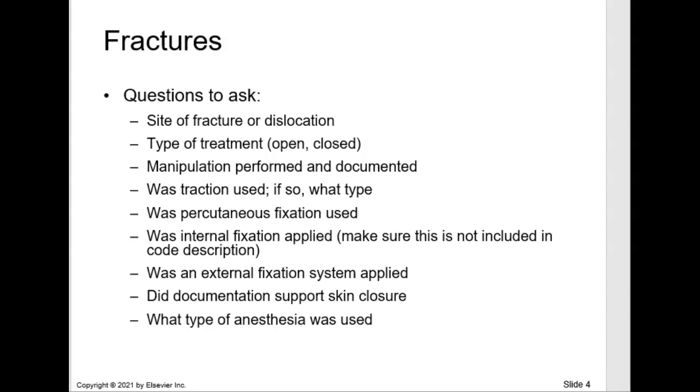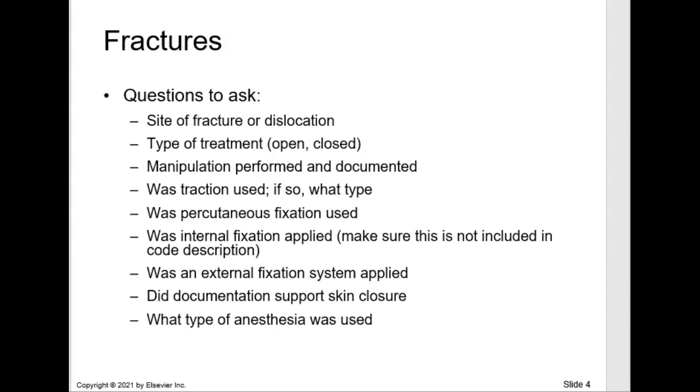Internal fixation, make sure that this is not included in the code description. Internal fixation means that they're putting pins inside the body. So they put pins inside, let's say again, the ankle. They put pins inside of that fracture and then they close it up.